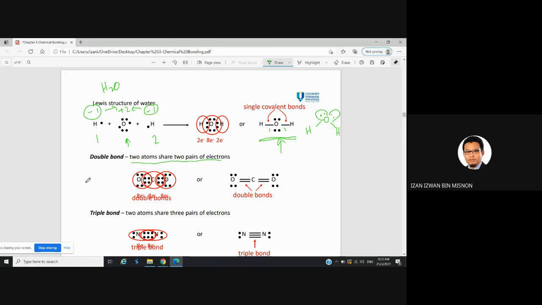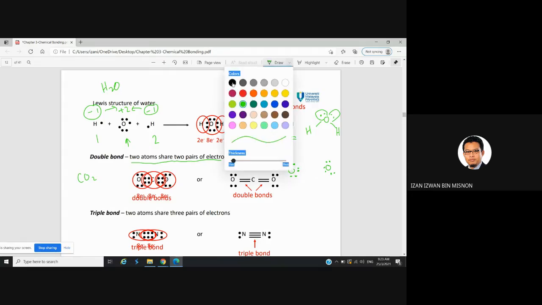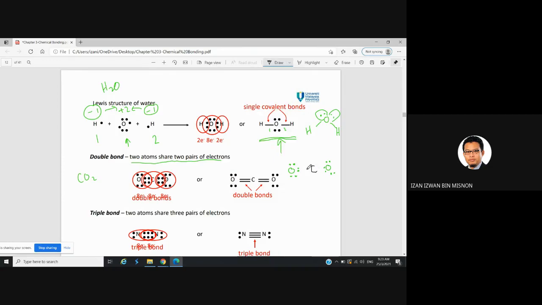So in the case of carbon dioxide, okay, in this case, I draw here. 6 electrons in oxygen, and then for carbon we have 4 electrons in the valence shell.